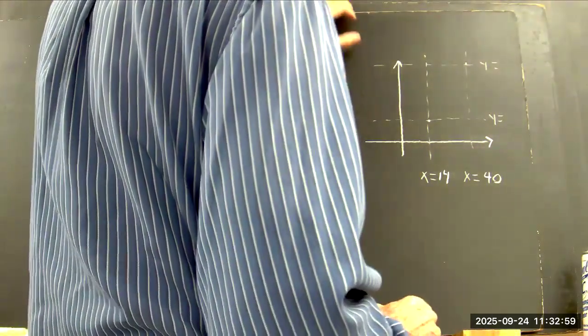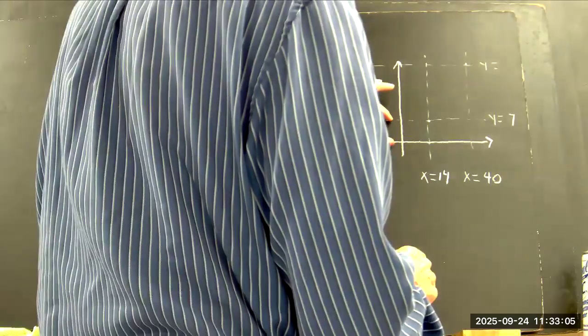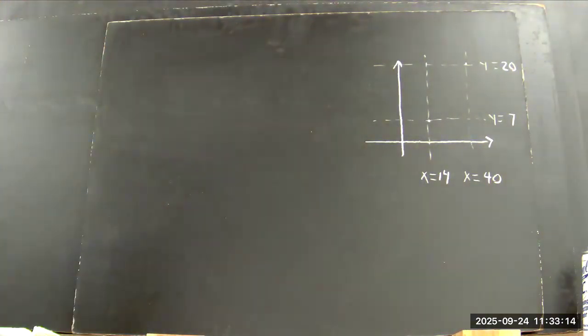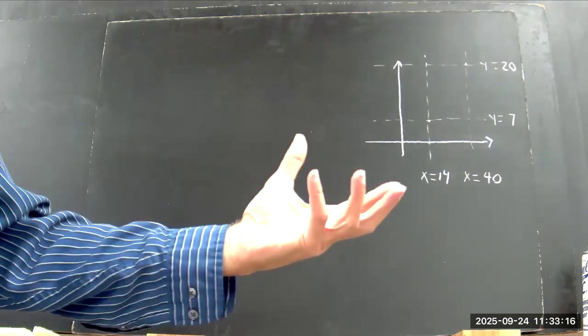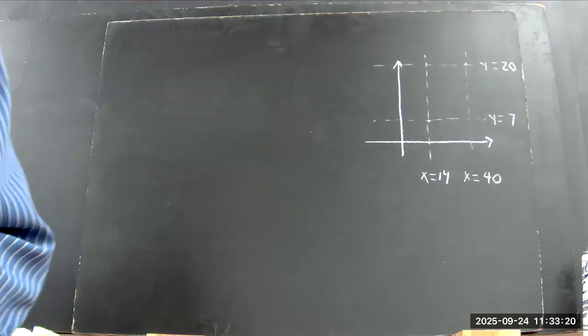Okay, and we're going to let y equal 7 here. And if that's 7, there'd be 14, 20. Well, I say we got 20 here. So I'm going to do it with these numbers, and then you're going to do it with your own numbers. All right.